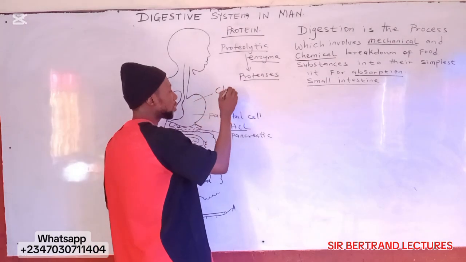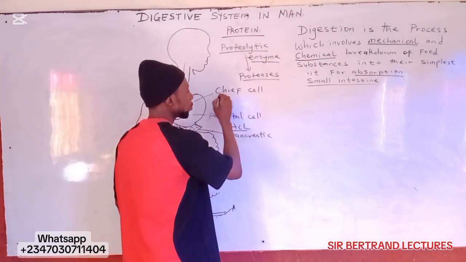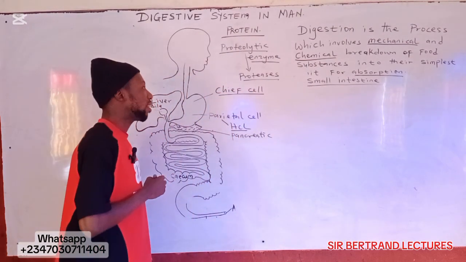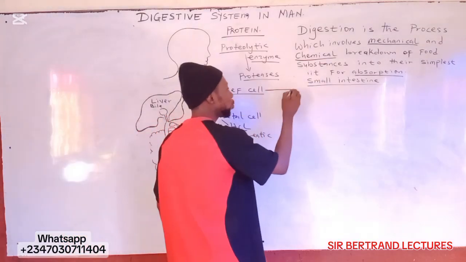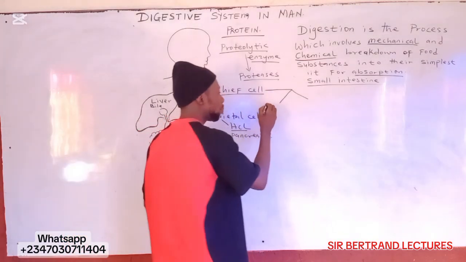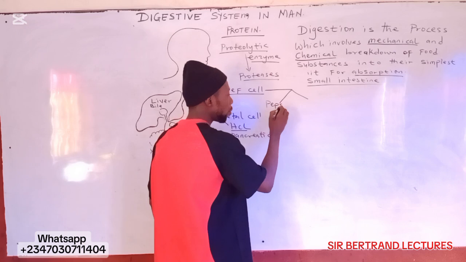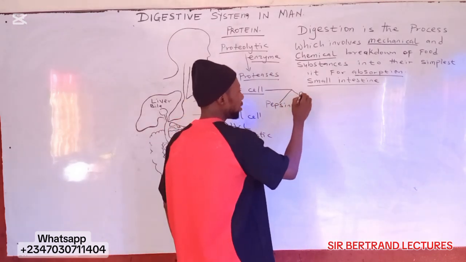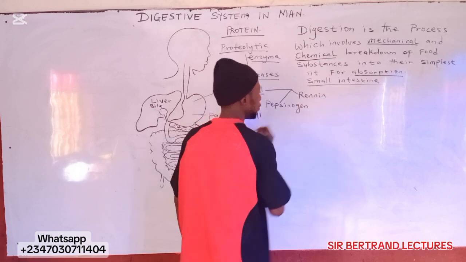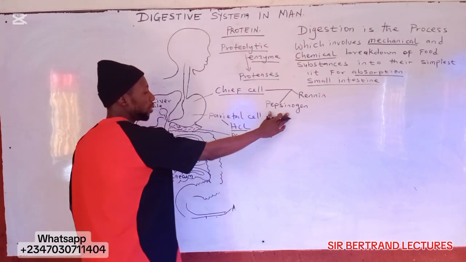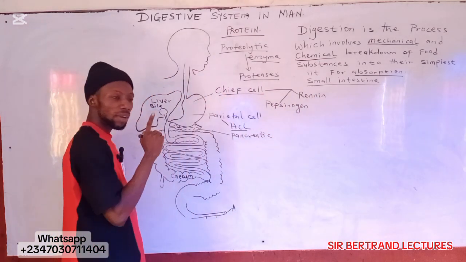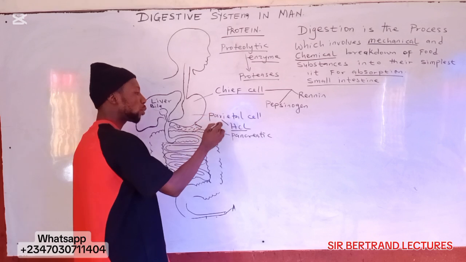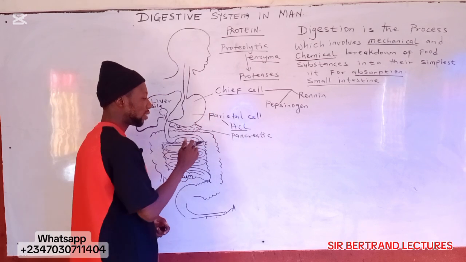Then here we have the chief cell. The chief cell of the stomach produces two proteases, pepsinogen and renin. In this form, they are inactive. Remember, the parietal cell produces hydrochloric acid.